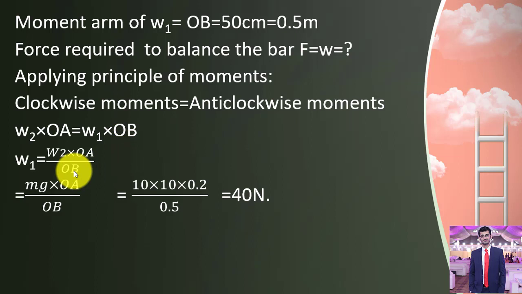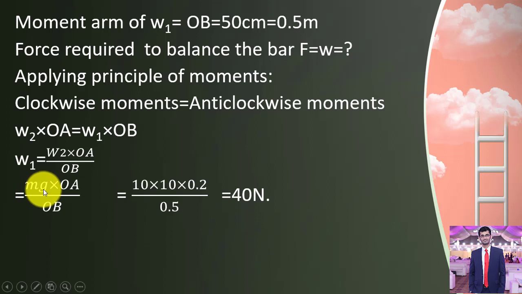We get M into G multiplied by OA divided by OB. Students, this mg is the value of this weight, that is W2. M is the mass of the object and g is the gravitational acceleration.